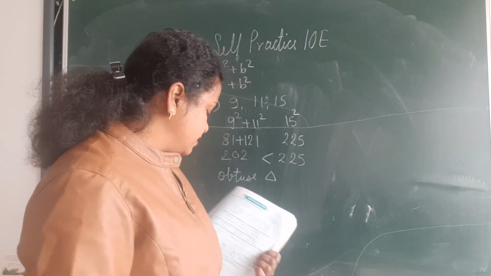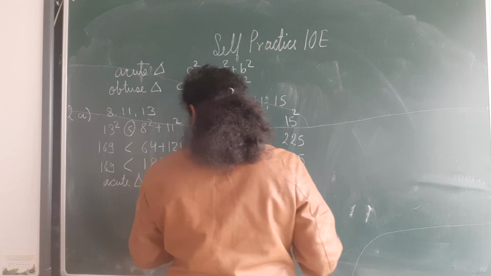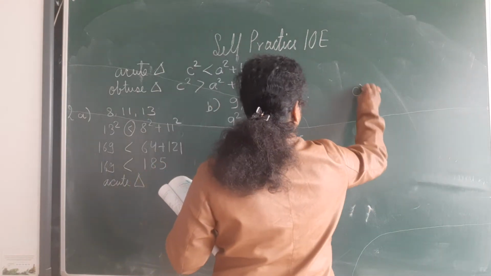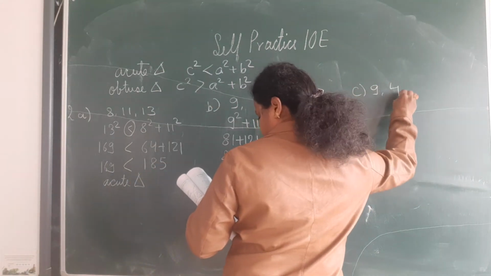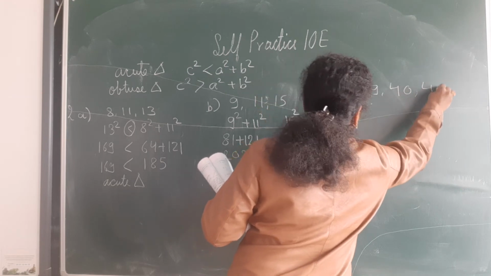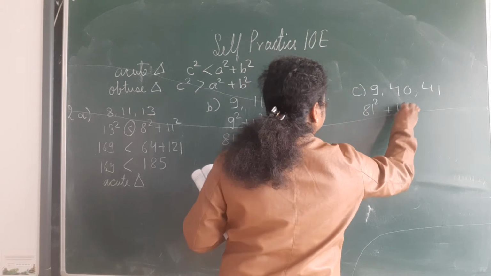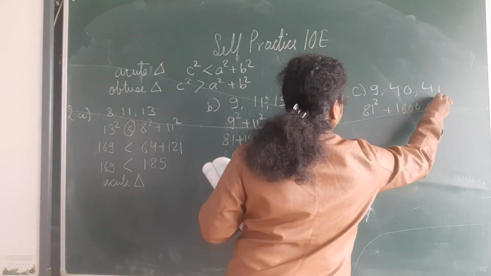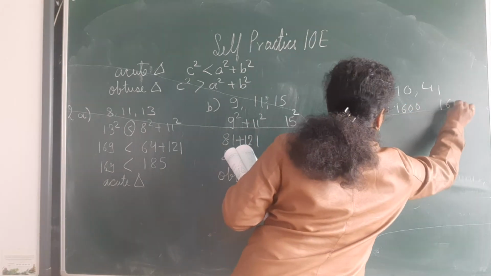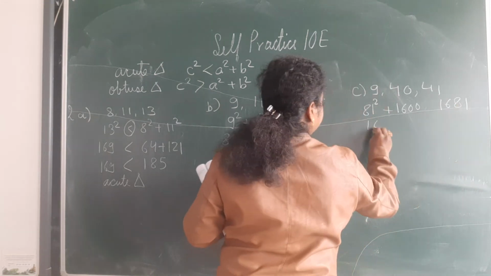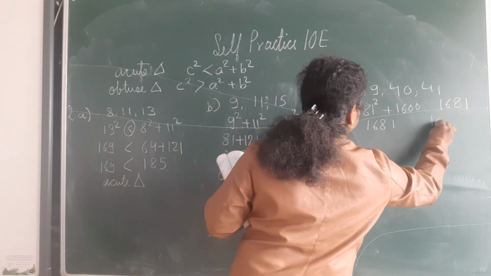Now see the third. 9, 40, 41. 9 square is 81 plus 40 square is 1600, and this is 1681. So you will get 1681 and here also 1681.